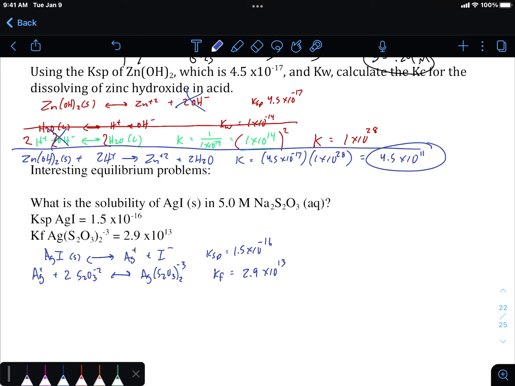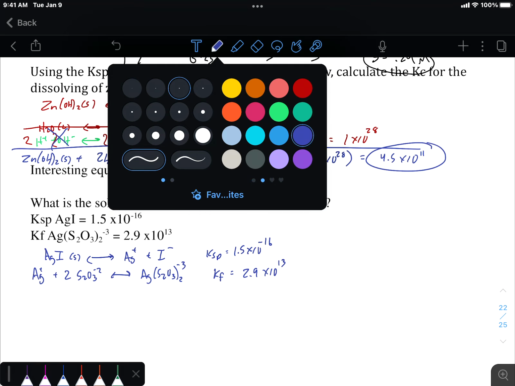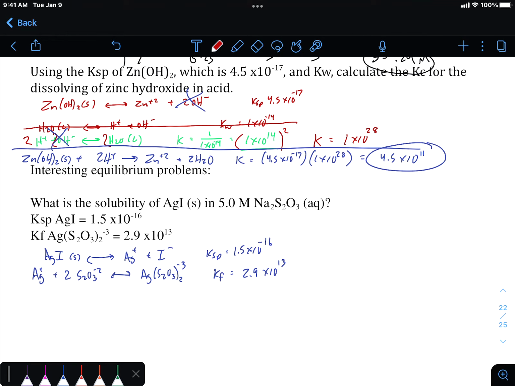All right. So, can I combine these, or do I need to manipulate these somehow? What do you think? I can go ahead and add them, right? Because I can simplify the silvers, right?